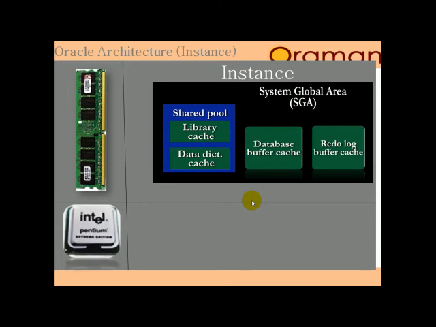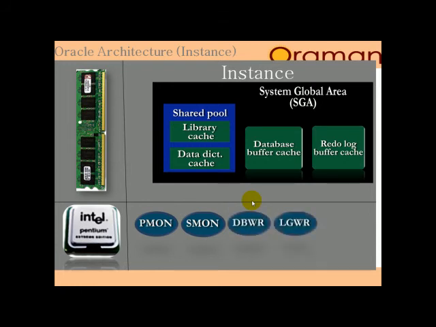So the background processes which run on the CPU, which are represented in elliptical shape and with four character names like PMON, SMON, DB writer, log writer, or checkpoint, and a few others which are also there, when they start will occupy some storage area on random access memory.